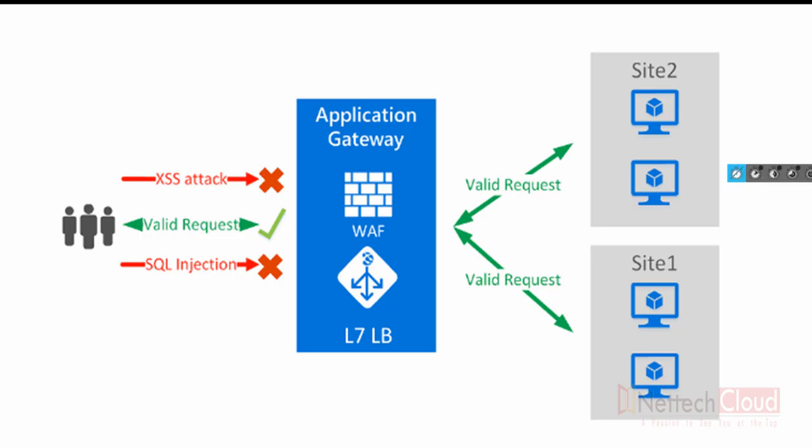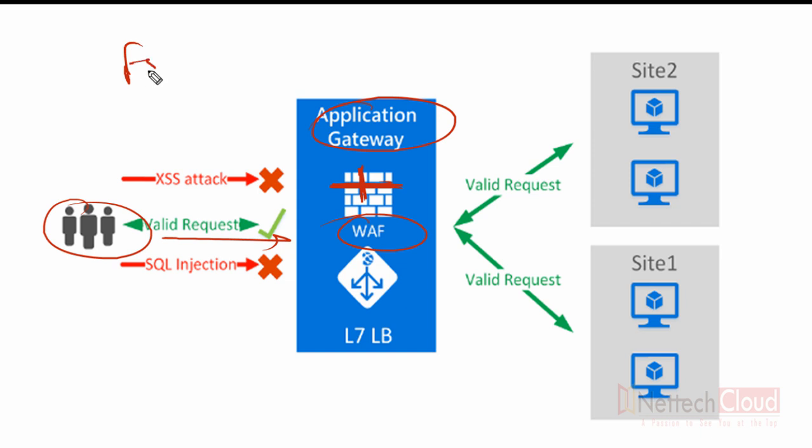So here you can see the client request. Here is the gateway, and the gateway has been associated with the WAF policy. Application Gateway plus WAF. If you are familiar with F5 BIG-IP, LTM and ASM are the two different software blades, Local Traffic Manager and Application Security Manager.